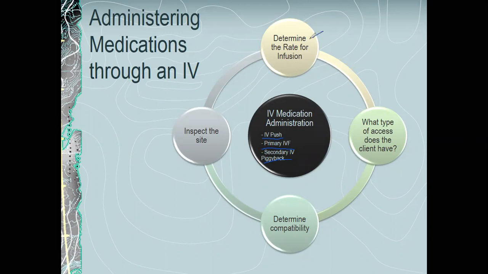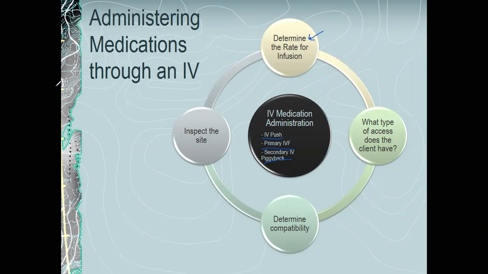An IV push medication, you'll administer over a certain amount of time, and that's going to be medication specific. There is no rule for all of the medication types, because some medications you might have to push over 5+ minutes. Some of them you may push very rapidly because they get metabolized out really fast.